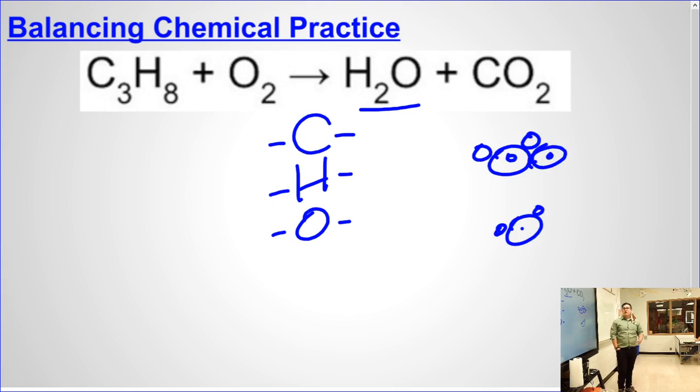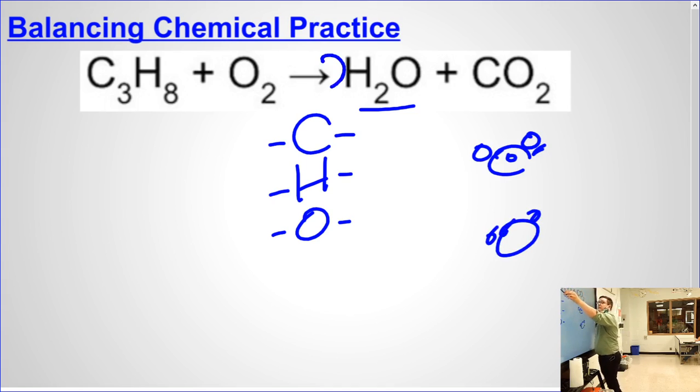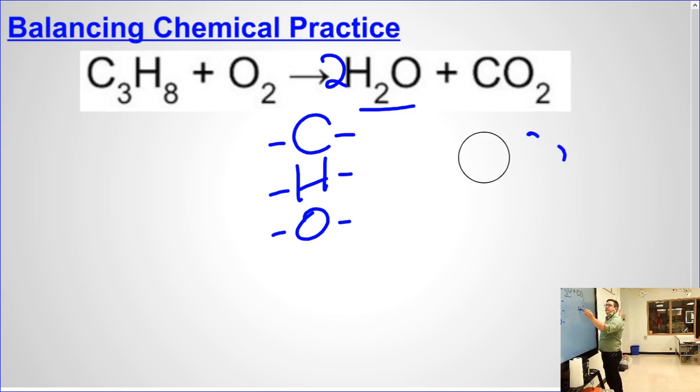You can't just throw in a 2 here because you feel like it. You're changing what's happening. What we can do is change how often it shows up. So if I need 2, we'll have 2 different molecules, but I can't change what's inside of it. That's a big no-no. Cool? Does that help a little bit?